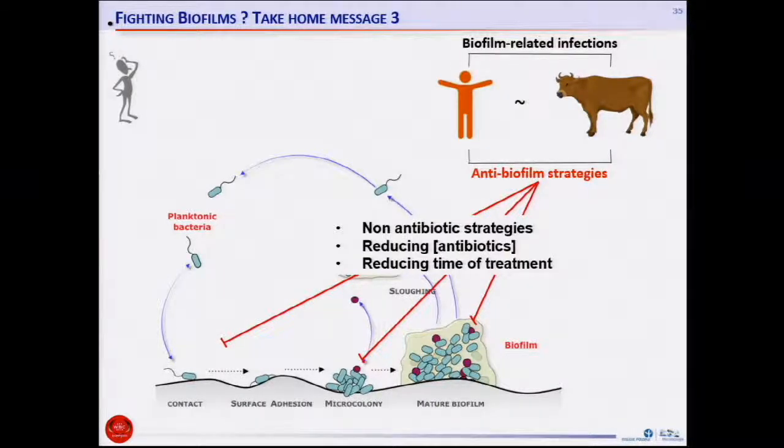And more importantly, what we are speaking about today is AMR. So we have to put forward strategies that use non-antibiotic approaches, that will eventually reduce the concentration of antibiotic that we should use and reduce the time of treatment.